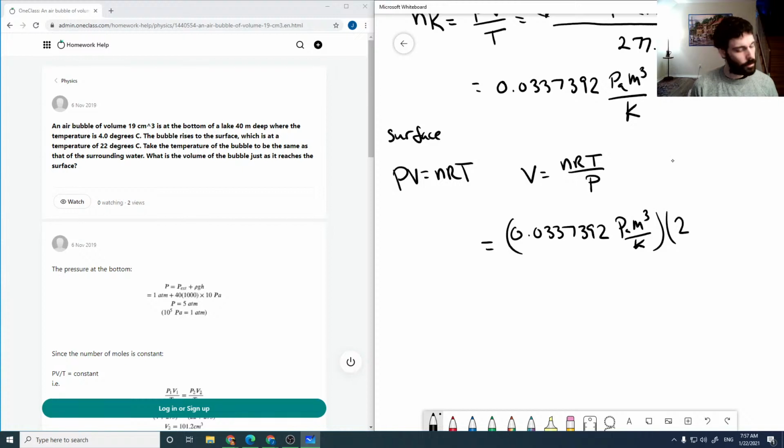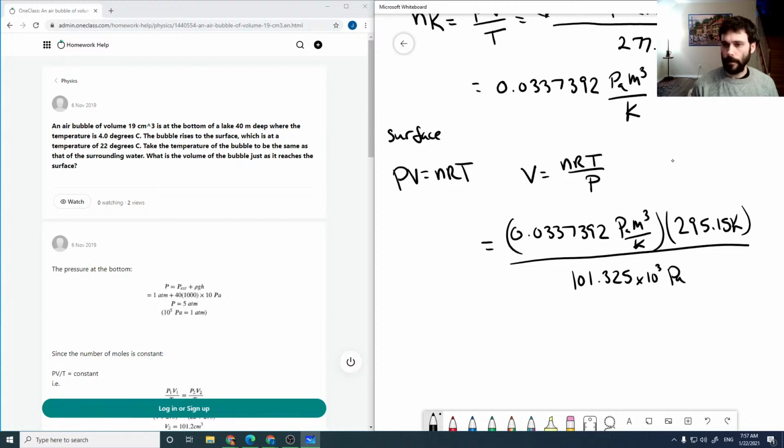Our temperature is 295.15 Kelvin, and our pressure is 101.325 times 10 to the 3 pascals. So we can see that our pascals cancel, our kelvins cancel, and we're left with a meters cubed answer.